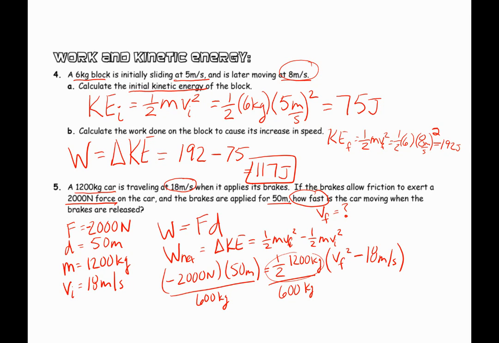So when I plug that into my calculator, and don't forget that this value has to be negative. So negative, and then I'm going to add 18 meters per second.